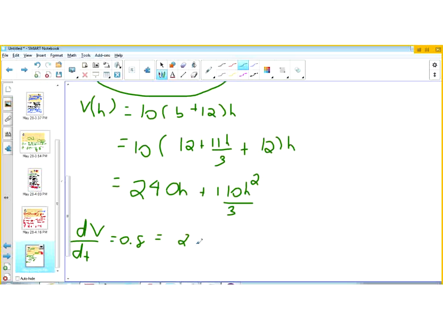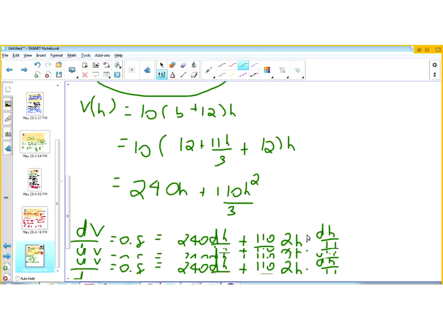And we want dH over dt. So that would equal 240 times dH over dt. And now the second term will have to use the chain rule. That would be 110 over 3 times 2H times dH over dt.